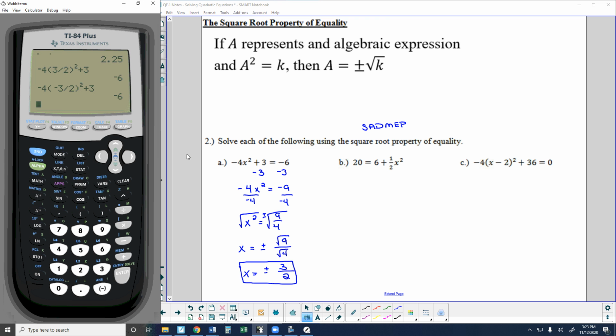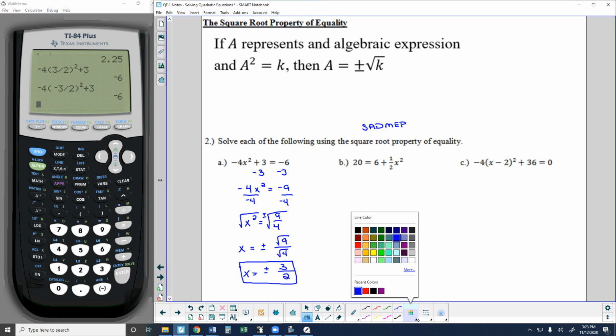So we see here that plus or minus 3 halves is our solution. Again, we're following the reverse order of operations to get the x squared by itself, then using the square root to remove that power, getting the x by itself and having a solution. So let's take a look at B.